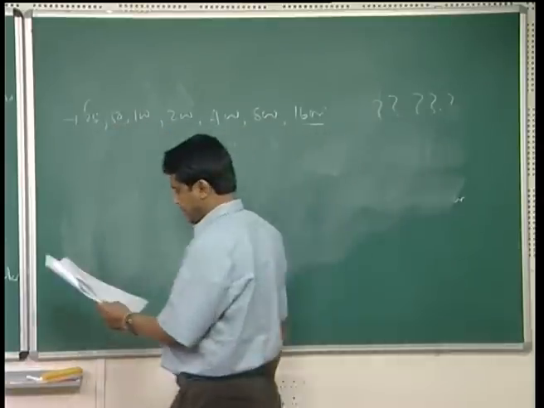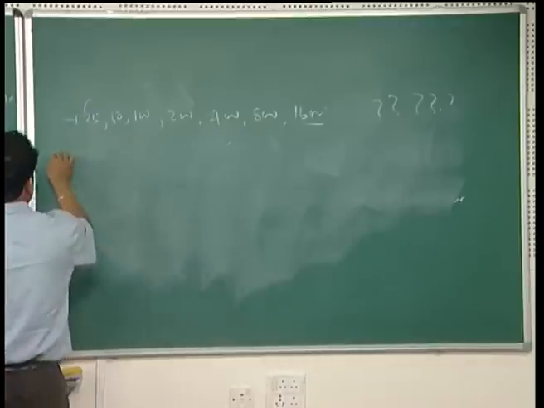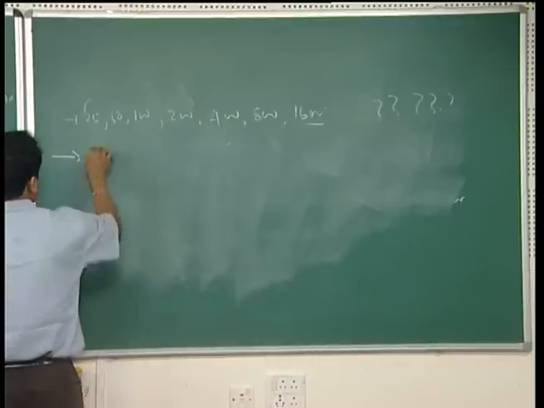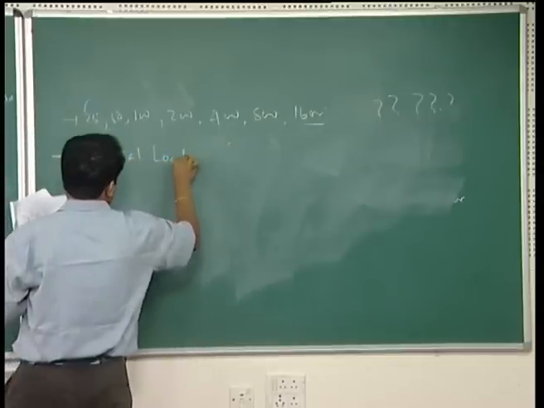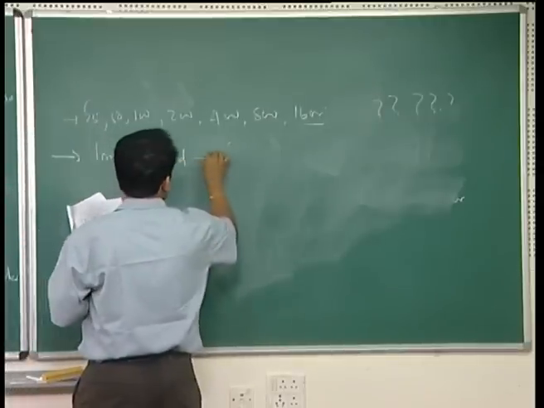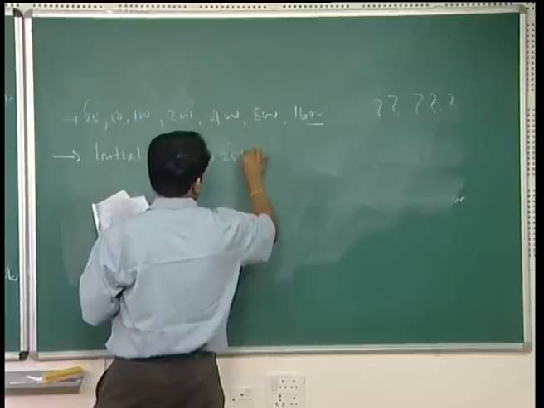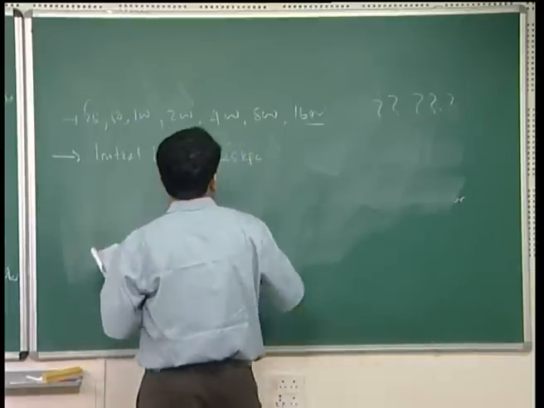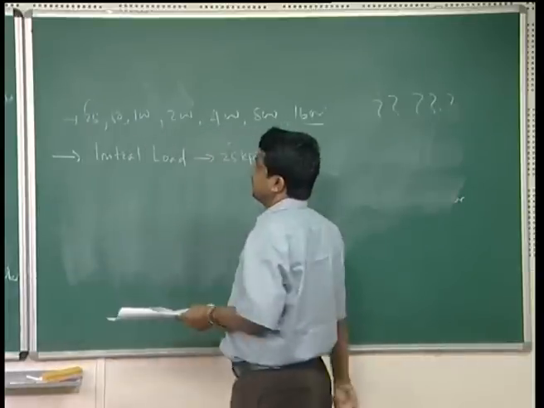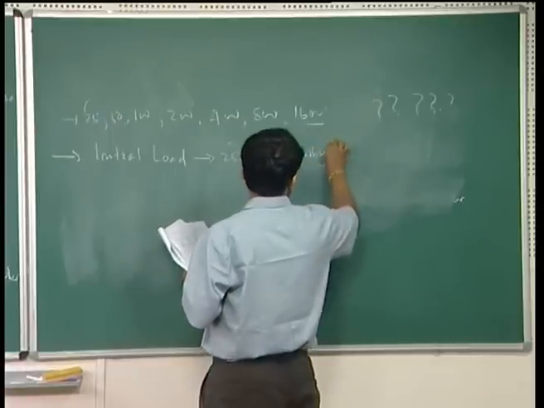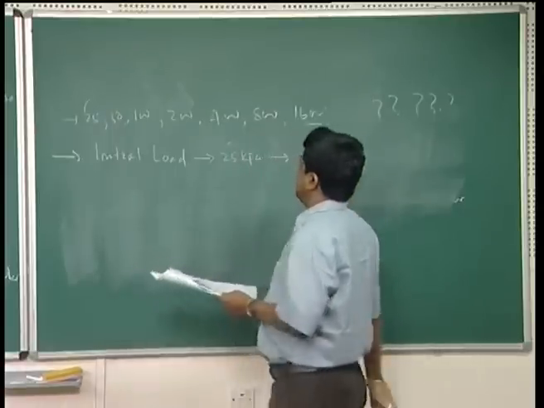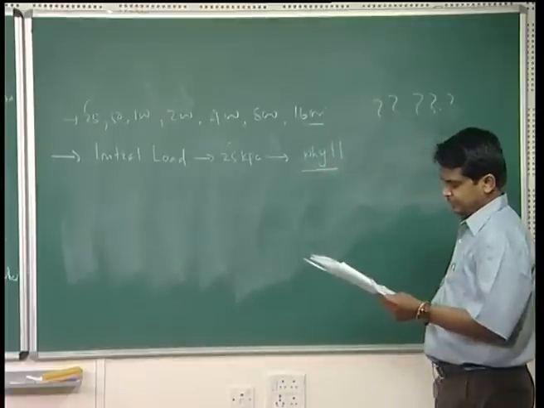Next question: generally an initial load of 25 kPa is applied in the consolidation test. Why is it necessary to apply an initial load of 25 kPa?